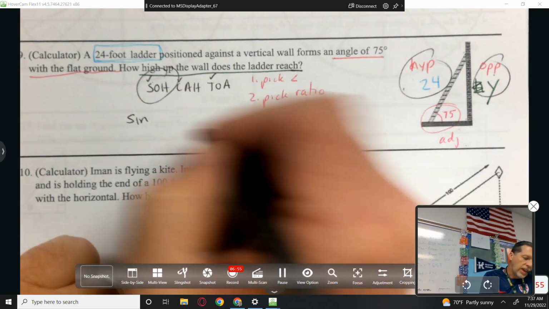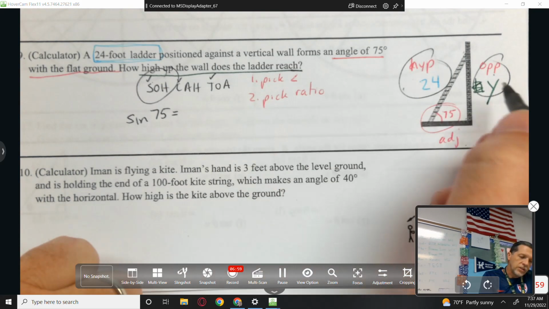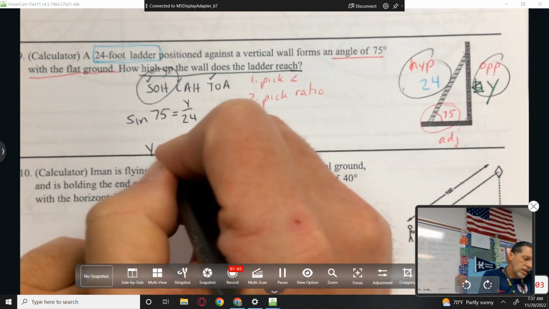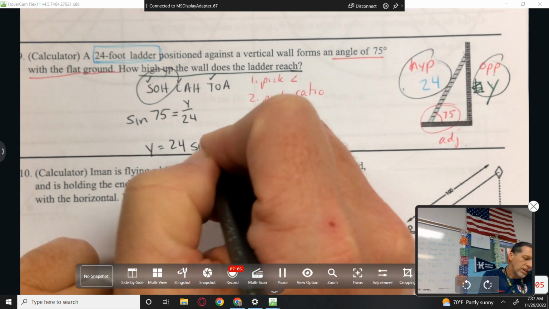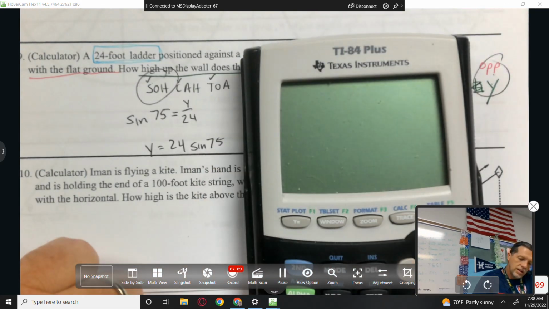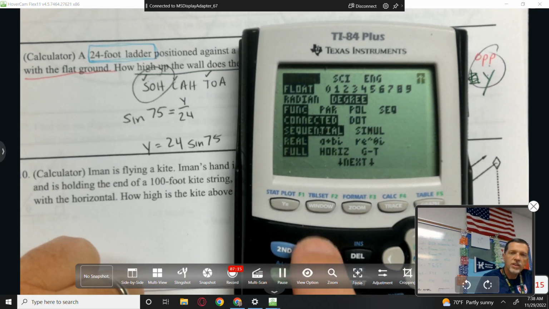So sine of the angle, always, always, always sine of the angle, equals opposite over hypotenuse. So y equals 24 sine 75. 24 sine 75. Make sure you're in degrees.